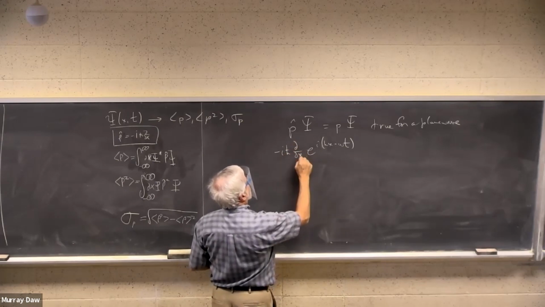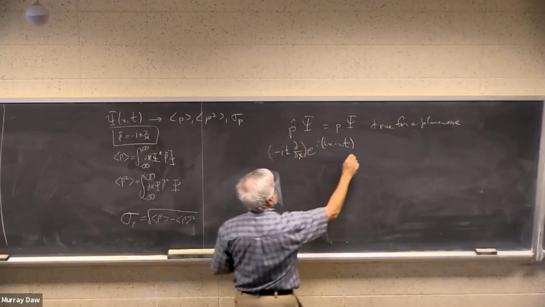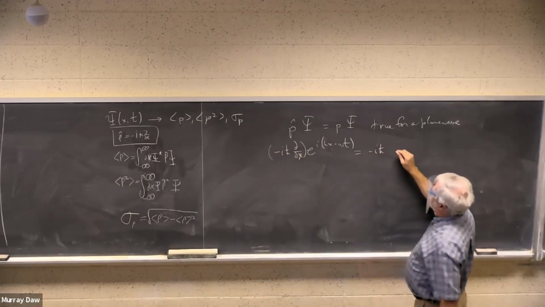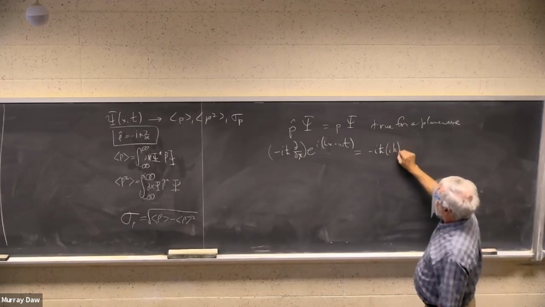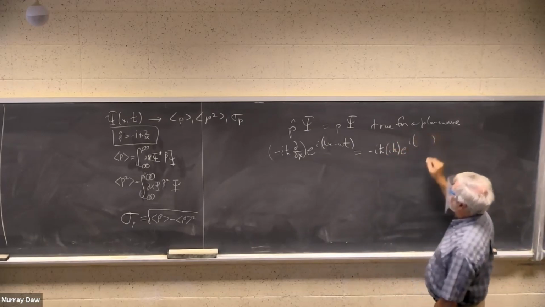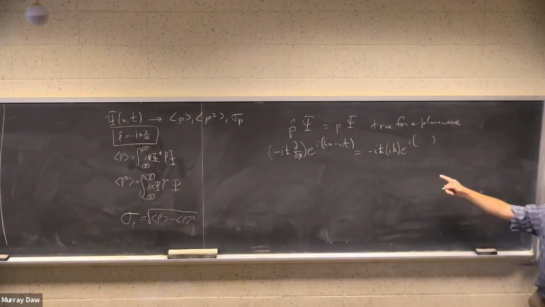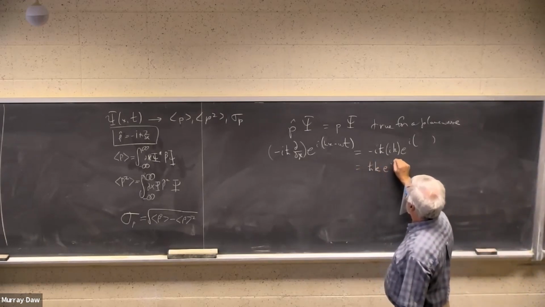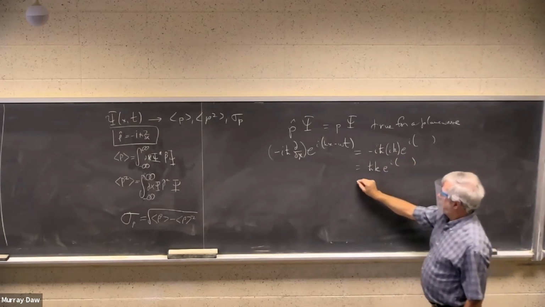Let's apply that operator to the plane wave. The derivative brings down a factor of ik, and the combination of signs gives h bar k times the plane wave. This is p.